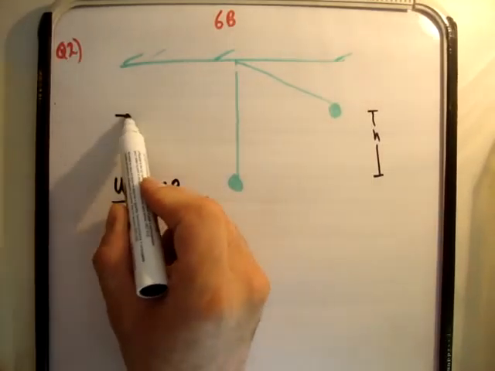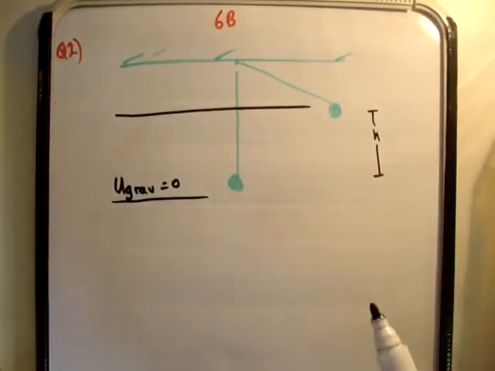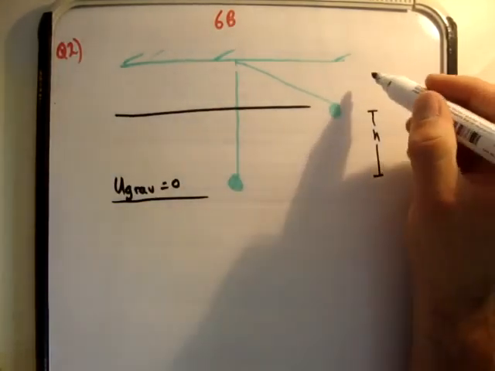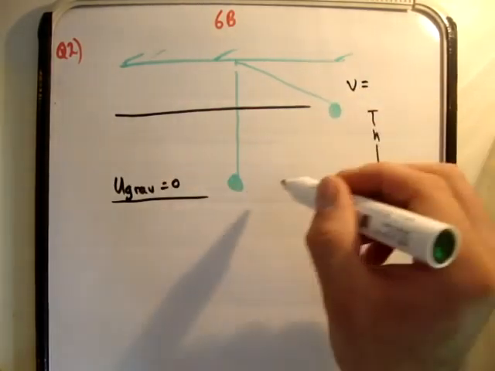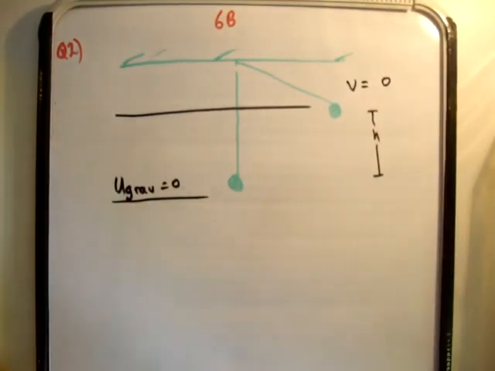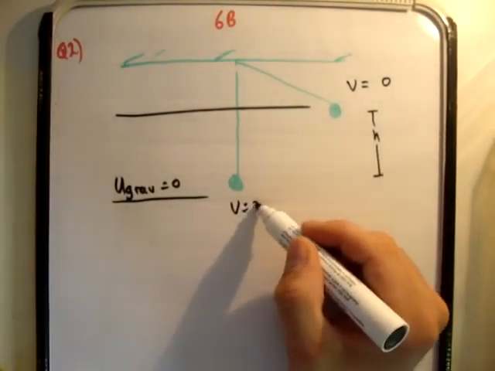And up here it's going to be U grav is equal to whatever it is. And we know the height is h. We know if it's at its maximum oscillation, you could say it's come to rest. Think about a grandfather clock or a pendulum clock. The bob comes to rest at the top of the motion, and v down here is equal to 2.